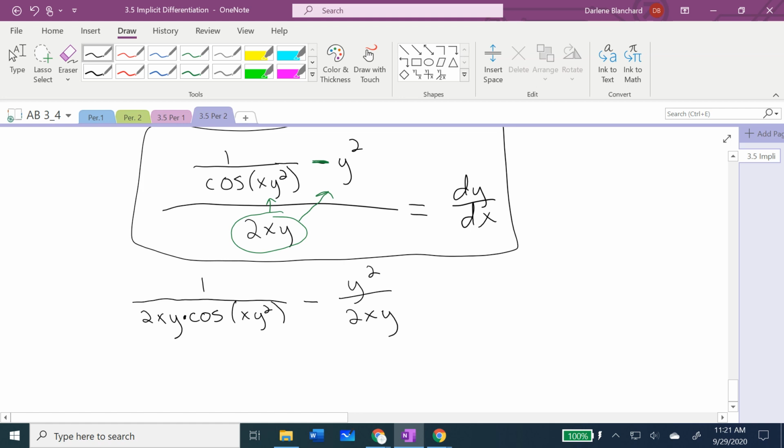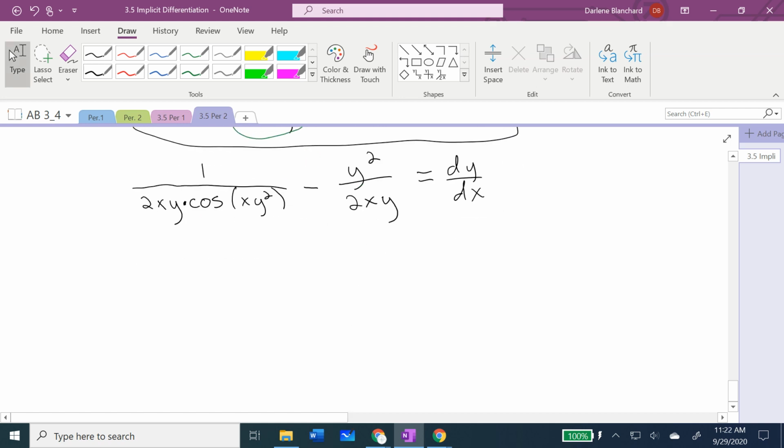Know that the answer is most likely going to write this as a single fraction. And I can see that the factor I don't have is the cosine of xy squared. So I'm going to multiply numerator and denominator by the cosine of xy squared. And now I have my common denominator.